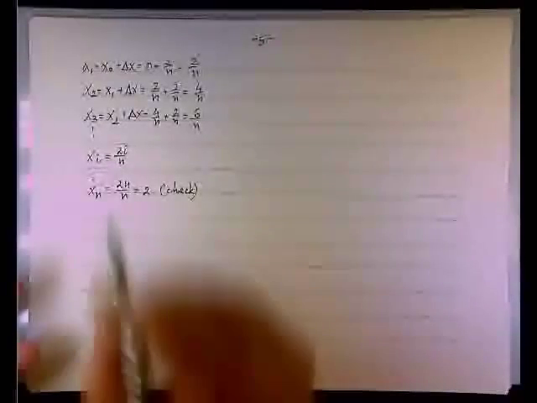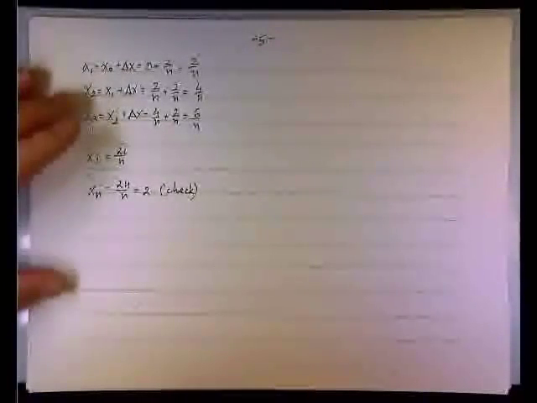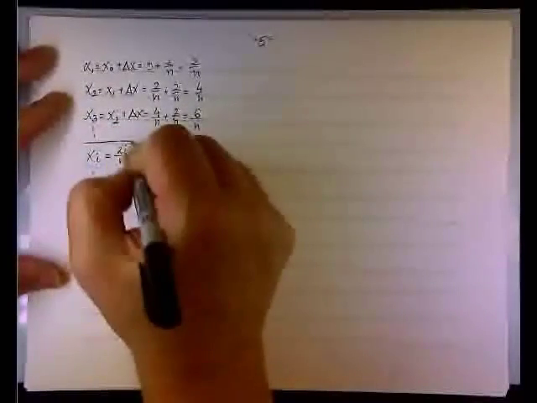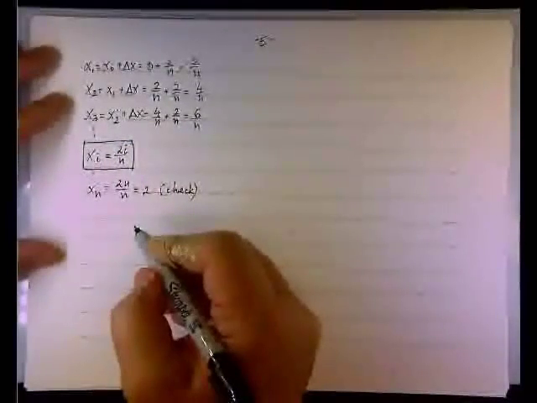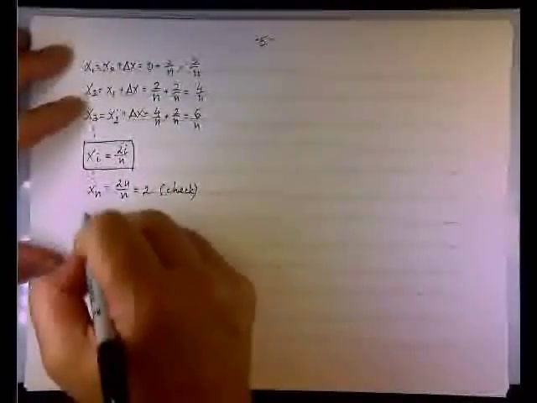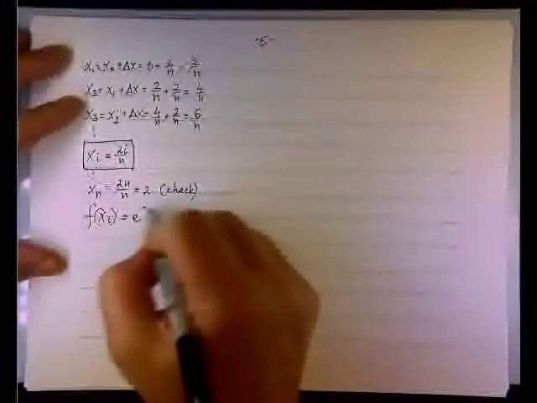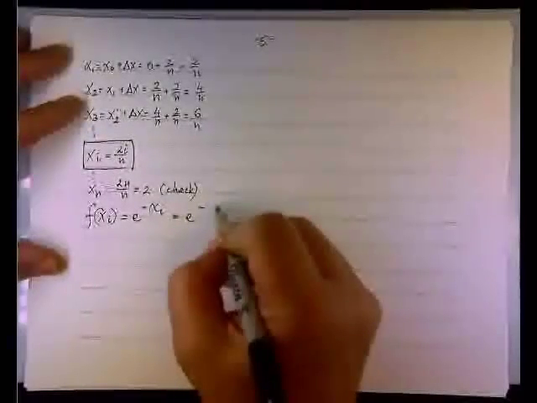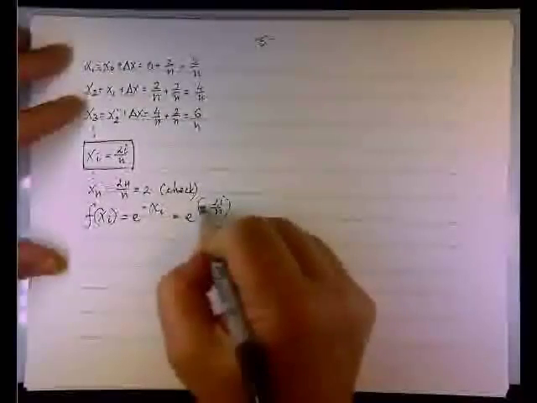So x sub i is 2i over n. And this is what we really were after. And now we're going to say the following, that f of x sub i will be e to the negative x sub i, or e to the negative 2i over n, like so. Okay?